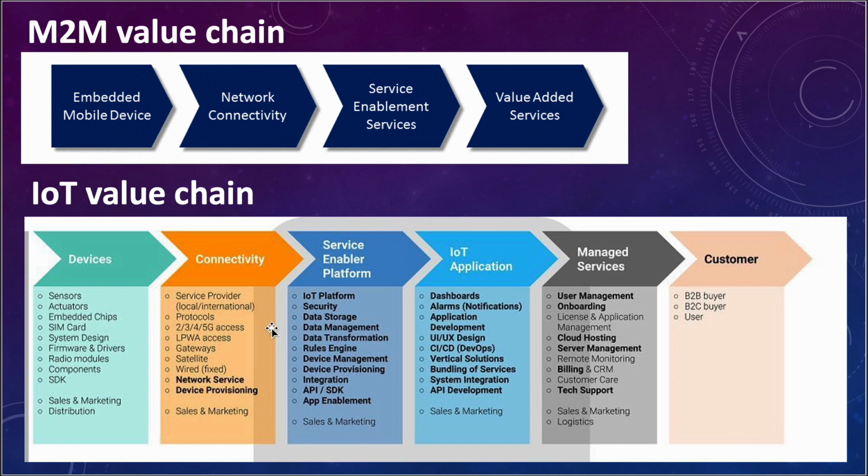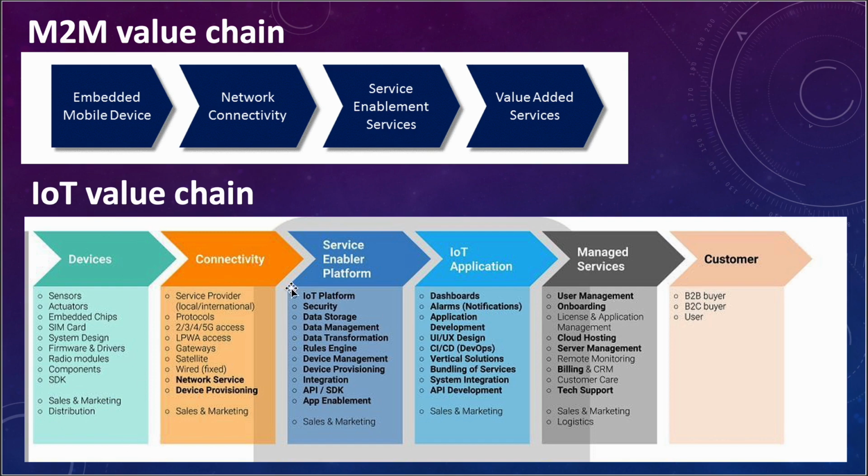It's a very complex structure. But if somebody asks, describe the value chain of IoT, this is the basic value chain structure. And in that value chain structure, under devices you will find these components, right?